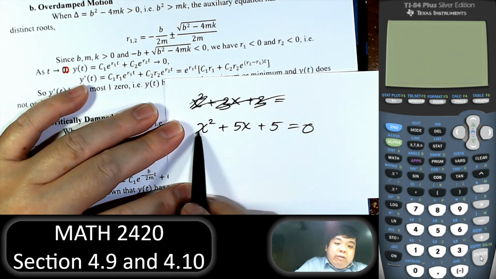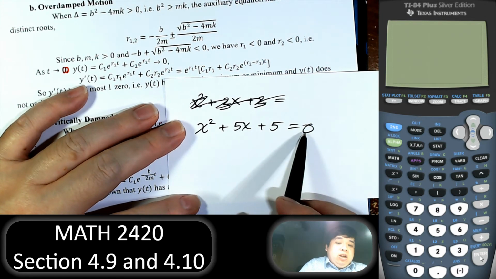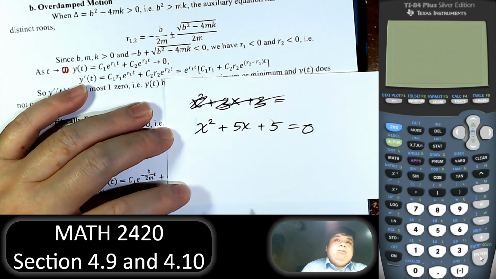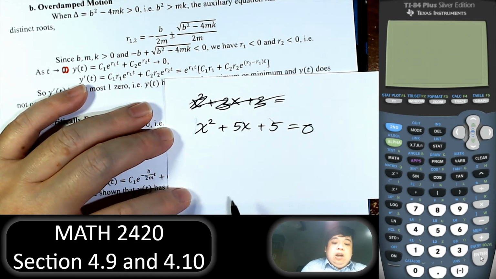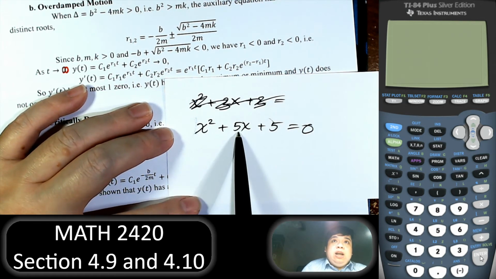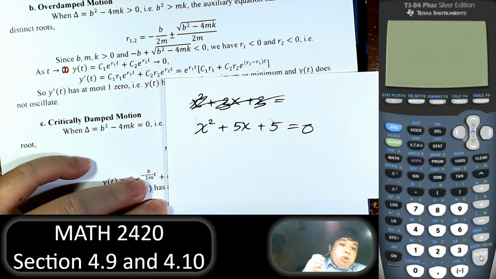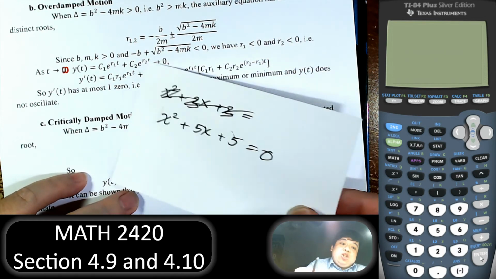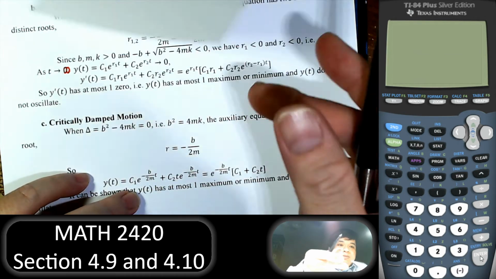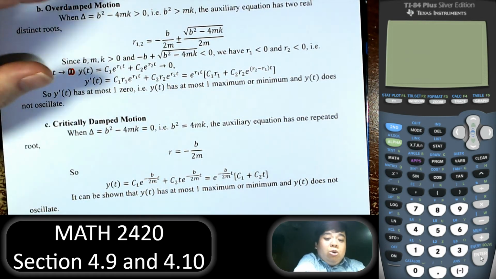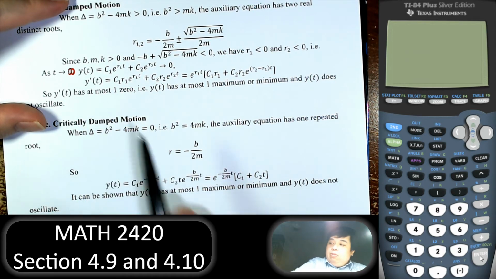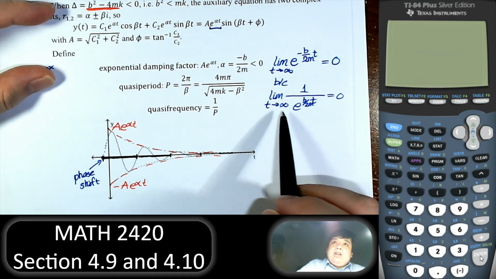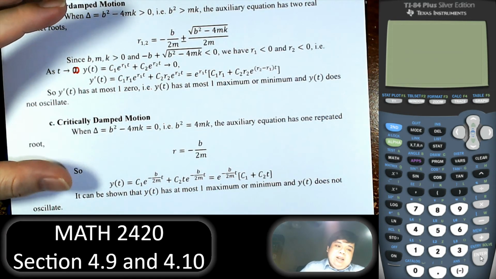Because if you put a positive number in here, there's no way it's going to be 0. If all the coefficients are positive, the solution has to be negative, for sure. So if b, m, k are all positive, the solution has to be negative. Because the solution is negative, the limit of that will go to 0, right?